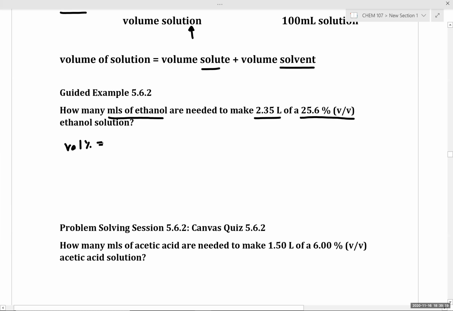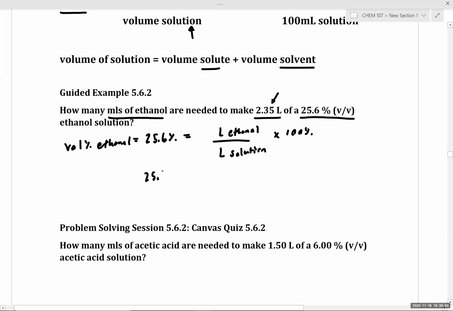So we know that the volume percent of ethanol, because that's our solute in this case, which is equal to 25.6%, is equal to the milliliters of ethanol over, and in this case, since we know the total volume and the total volume is in liters, let's write it as the liters of ethanol over the liters of solution times 100%.